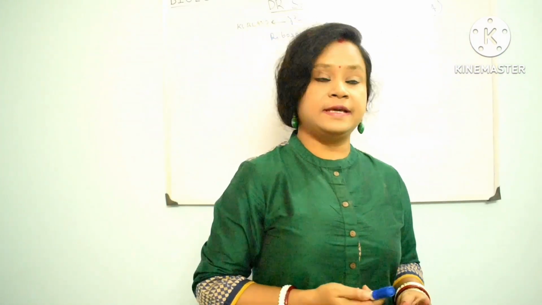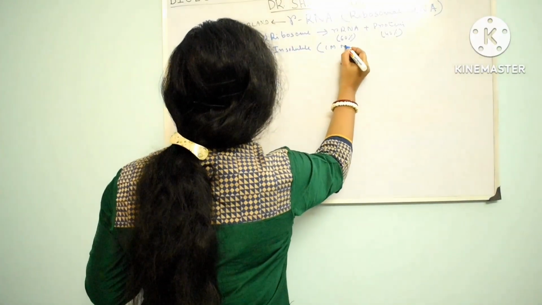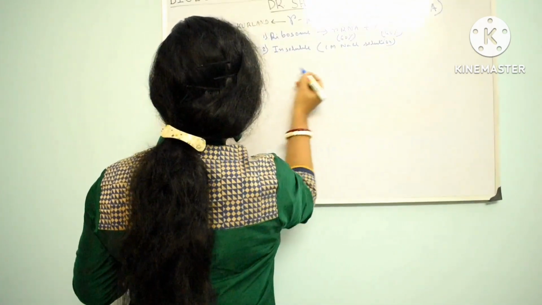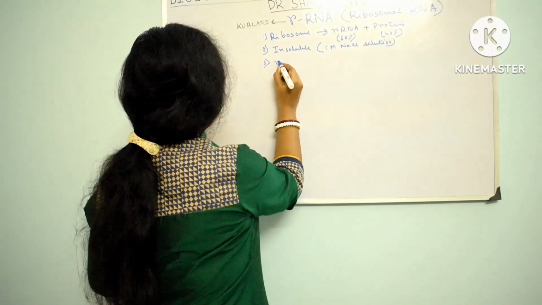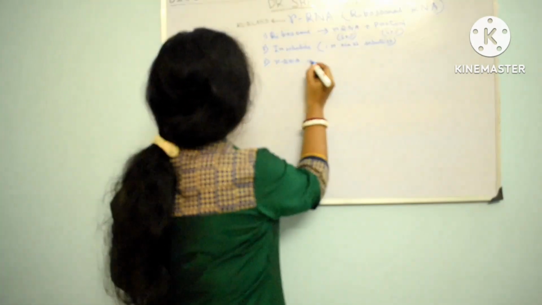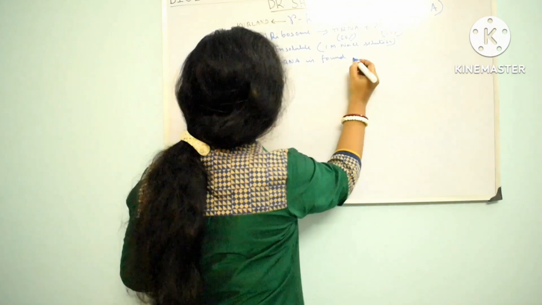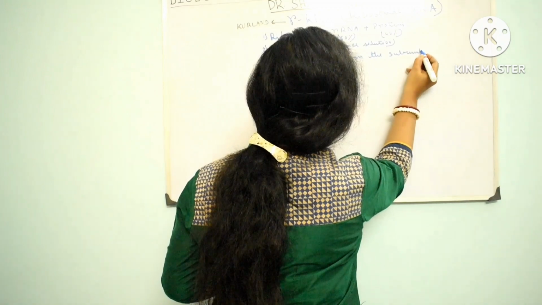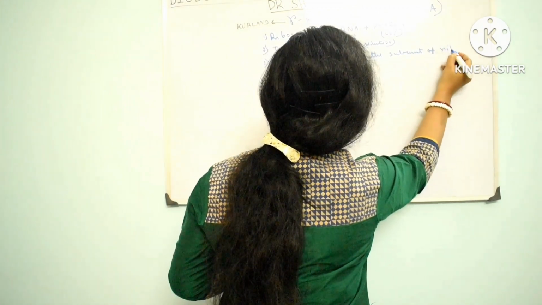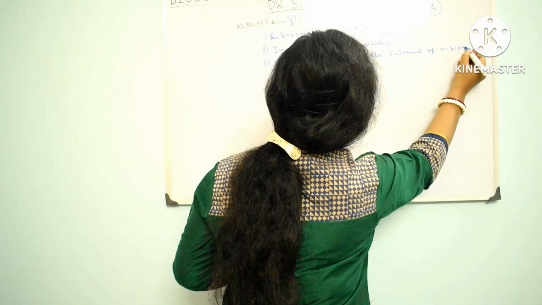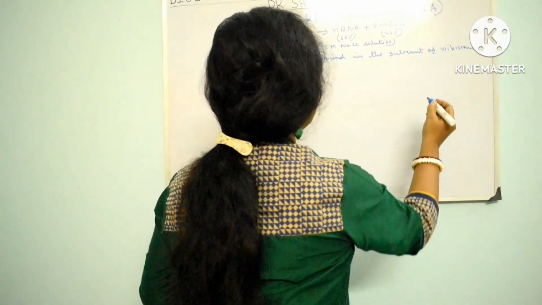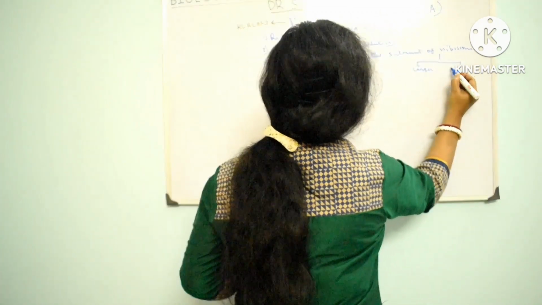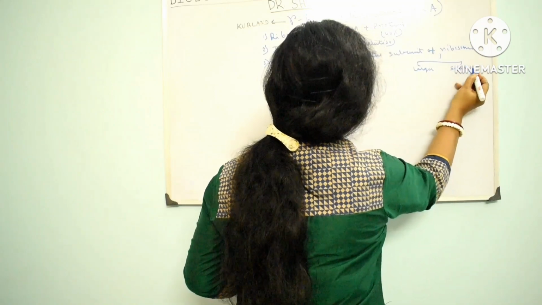rRNA is insoluble in 1 molar sodium chloride solution. Point number 3, rRNA is found in the subunits of the ribosome. We all know that the ribosome is made up of two subunits, one larger subunit and another smaller subunit.